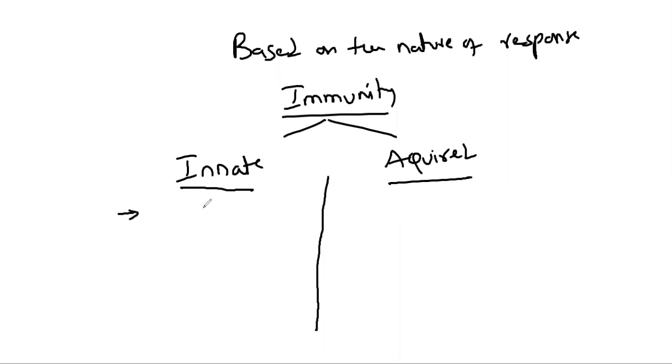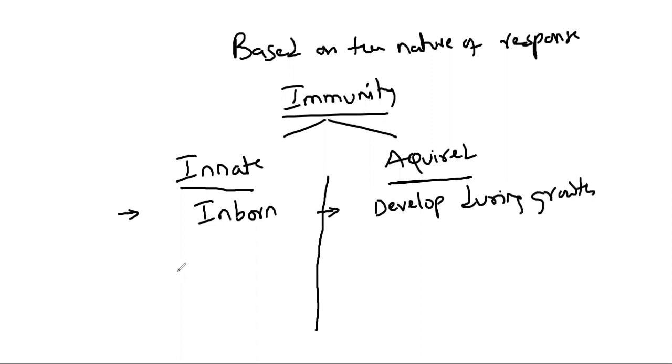This innate is inborn. That means it is seen at the time of birth. And this develops during growth of the animal. And this is the same in all the individuals of a species. It is different in different individuals of the same species.